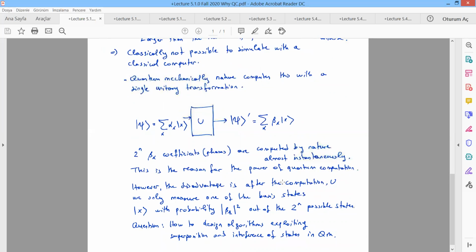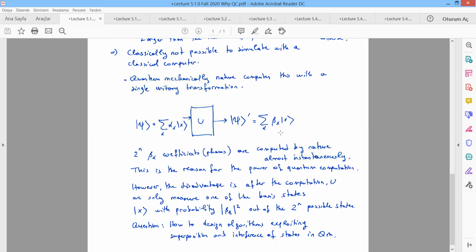There's a disadvantage. The disadvantage is after the computation, let's suppose we obtain a new state, psi prime, we can only measure one of the basis states at a time. Remember, this is a linear superposition of all the ket x.